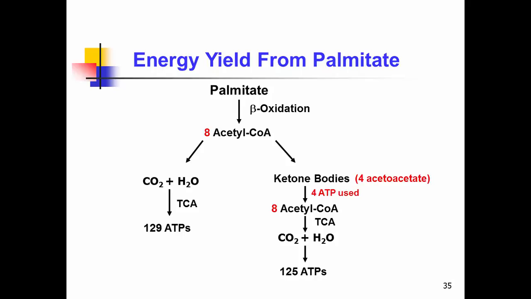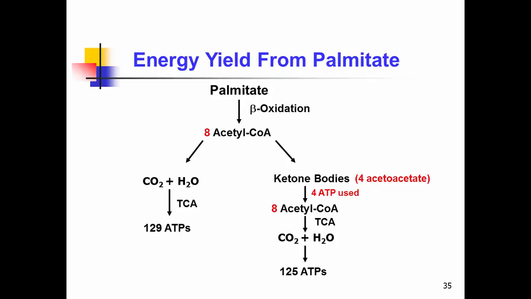Oh, here I'll make a comparison of energy yield if we utilize palmitate versus ketone bodies. If we do not completely oxidize palmitate, but stop here and make ketone bodies and then oxidize the ketone bodies, let's see how efficient the energy production is.